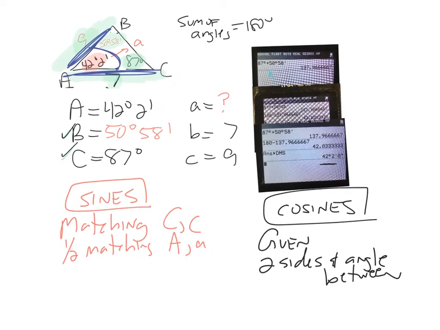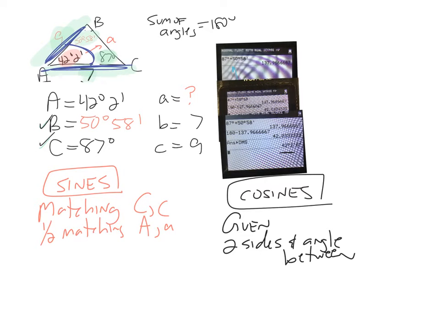So I could go about solving for side A using the law of cosines. I tend to prefer the law of cosines because once you plug the numbers into the rule, you just do all the math on your calculator.